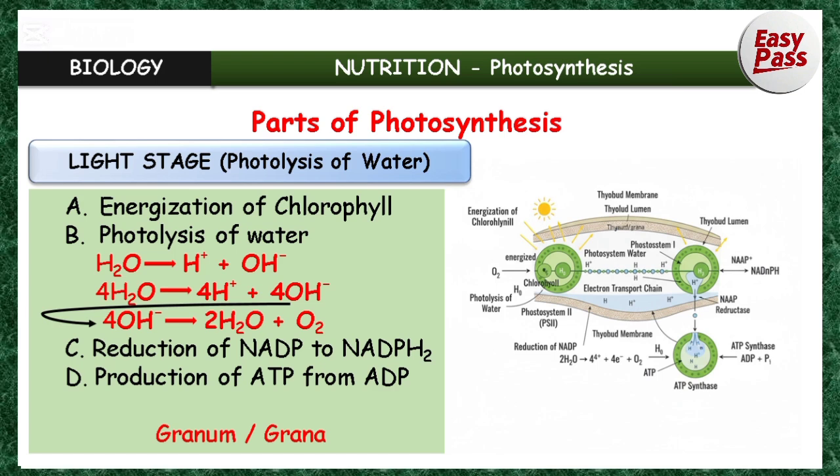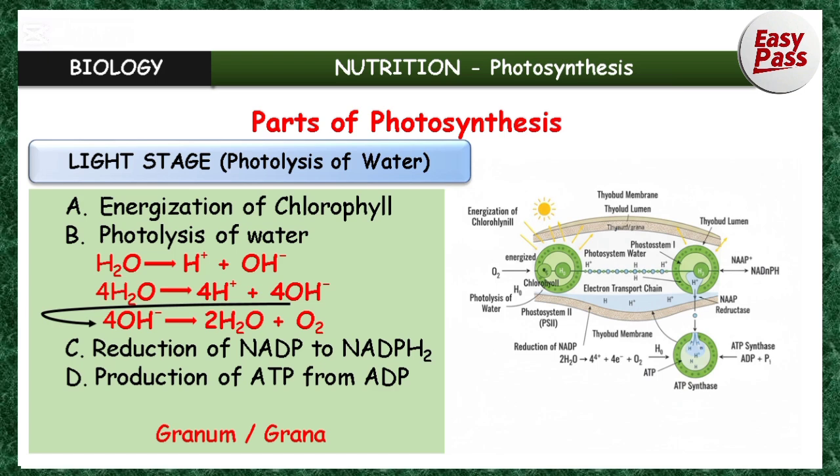Now, these 4 molecules of hydroxyl ion, 4 OH, will undergo a kind of reformation to give another compound. Let me do an arrow here for us to understand better. The 4 OH ions will later reconfigure to give us 2 molecules of water plus 1 molecule of oxygen gas.